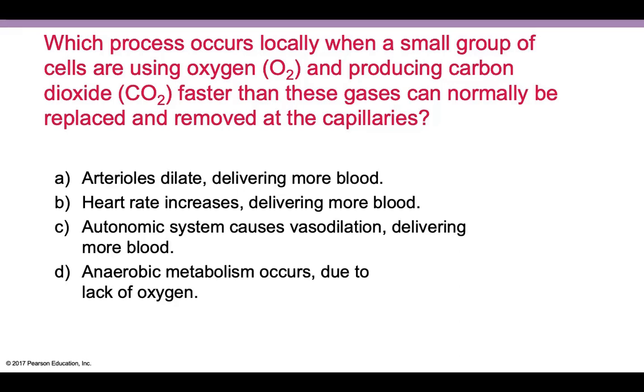Remember, these local factors, things like oxygen level, CO2 level, even the lactic acid buildup from the muscles, those local metabolites stimulate the vessel itself. That's all happening locally. So the heart is not involved, the autonomic nervous system is not involved, and D doesn't happen, right? The cells don't just do without oxygen. They actually open up the vessel, dilate that arteriole, bringing more oxygen in and able to clear more of that CO2 away.